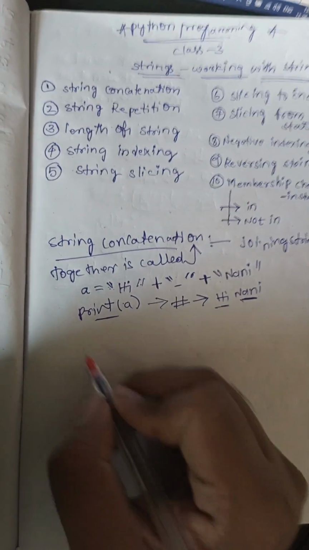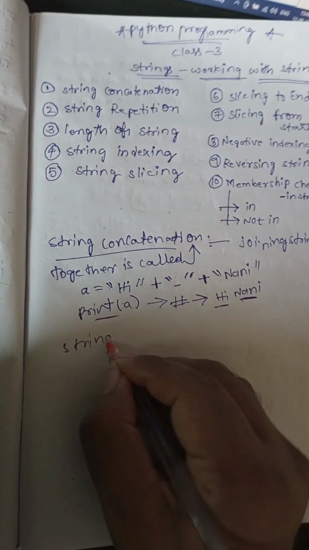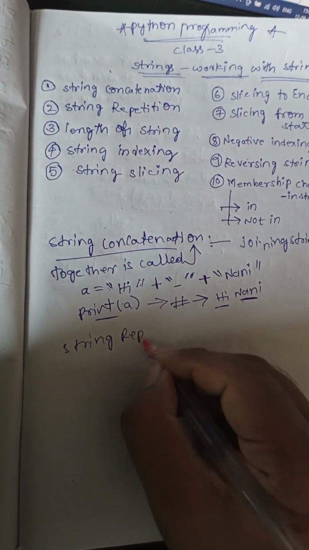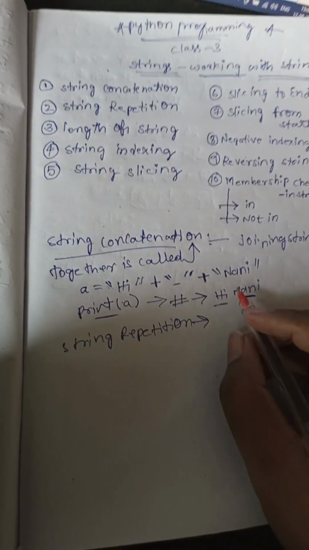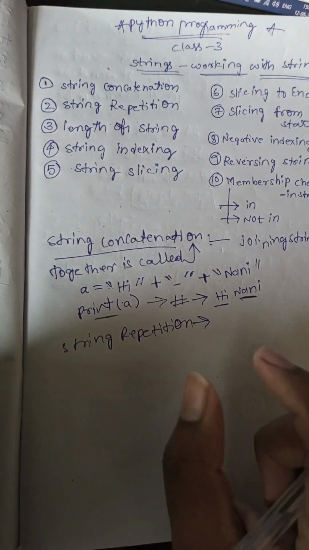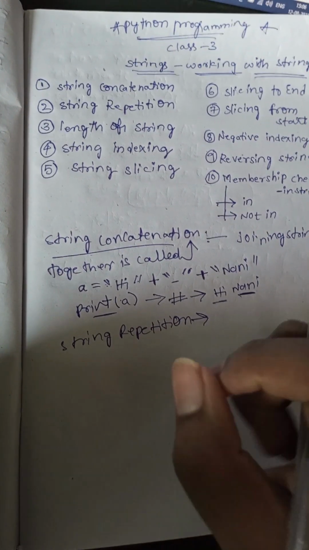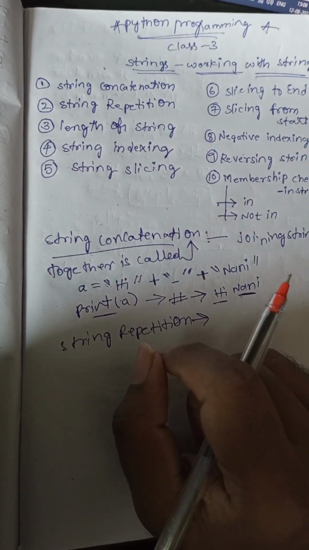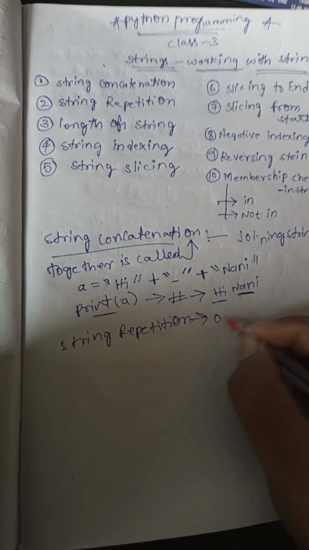String repetition. String repetition means the operator is used for repeating strings any number of times as required. What is string repetition?